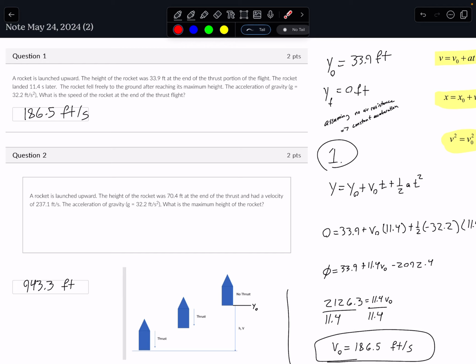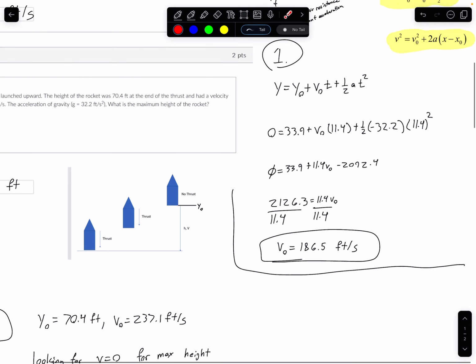The question we're looking for is, what is the speed of the rocket at the end of the thrust flight? As I pointed out earlier, y0 is this. That's where we end our accelerated portion, where it is then in free fall, with no forces other than gravity acting on it.